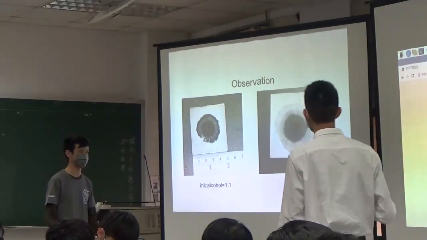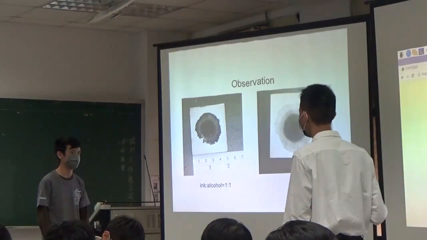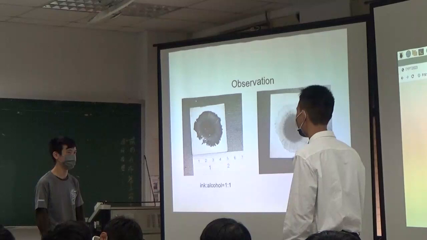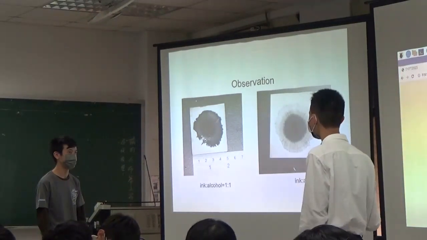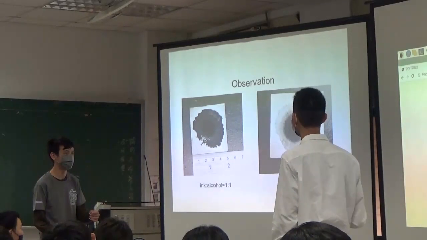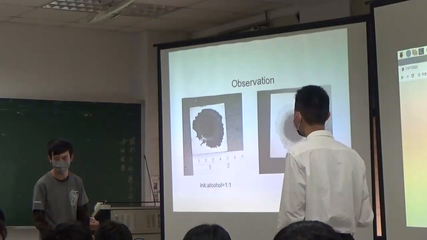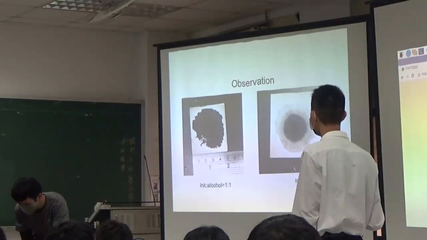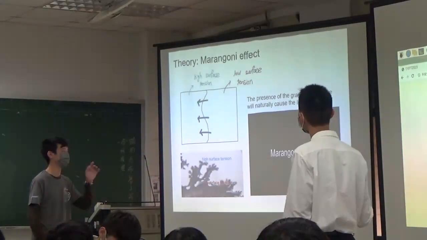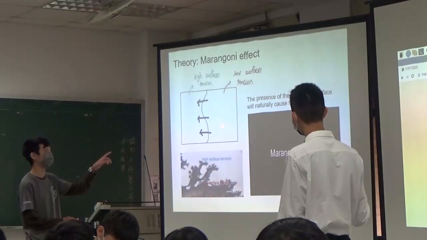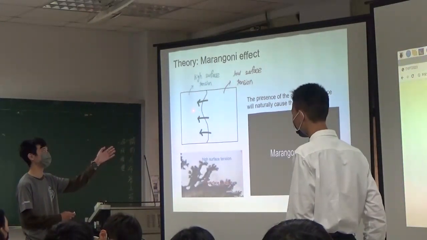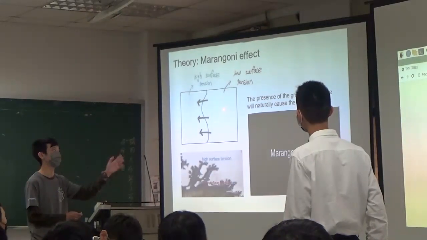I think this. Okay, so you mentioned the Marangoni effect. Can you explain that to me more clearly? Explain what? You just talk about the phenomenon, the theory, whatever. This is the Marangoni effect. There are two different liquids, one that has high surface tension and one that has low surface tension.